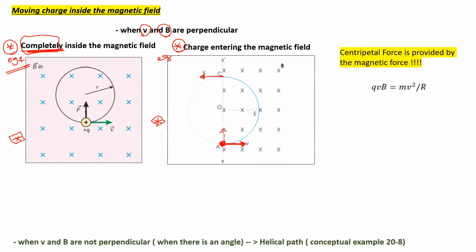So can you look at this diagram and tell me, to go in the circle, what gives the charge the centripetal force? So we know for any object to go in a circular path, you need a force towards the center, right?